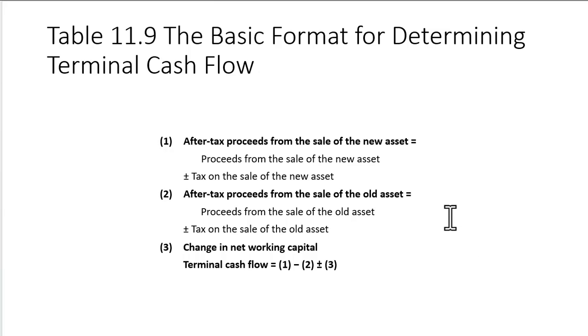What are the proceeds if you sell the old asset? And then what's the change in working capital? So in the end, the terminal cash flow is proceeds from the sale of the new minus the proceeds from the sale of the old, plus or minus, depending on the beginning net working capital number, the change in working capital.